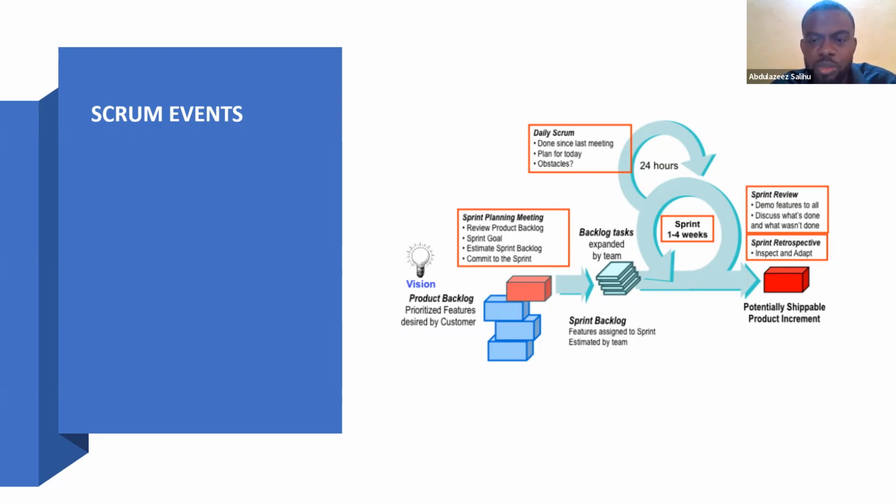Then you move towards sprint planning, where you review the product backlog, set your sprint goal, and estimate your sprint backlog based on your capacity before you commit to that sprint.